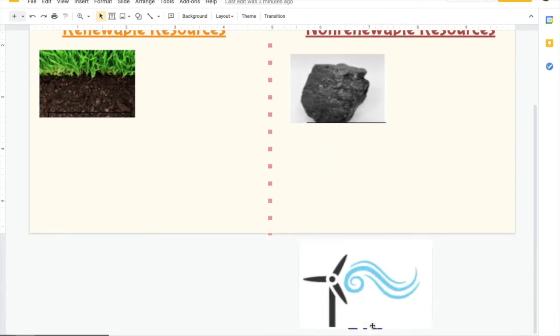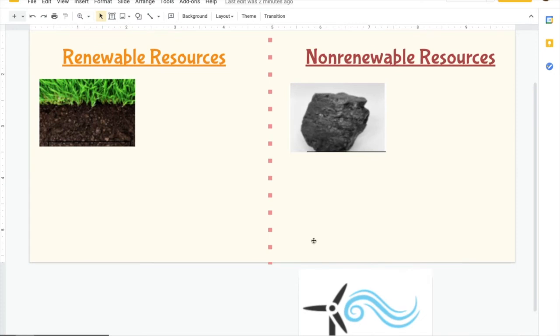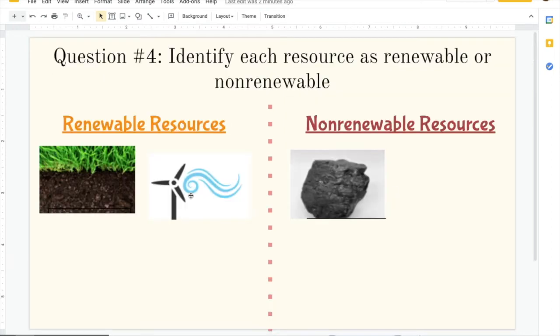Our next resource is wind. Is wind a renewable resource or a non-renewable resource? If you said renewable resource, that is correct. Wind is an example of a renewable resource.